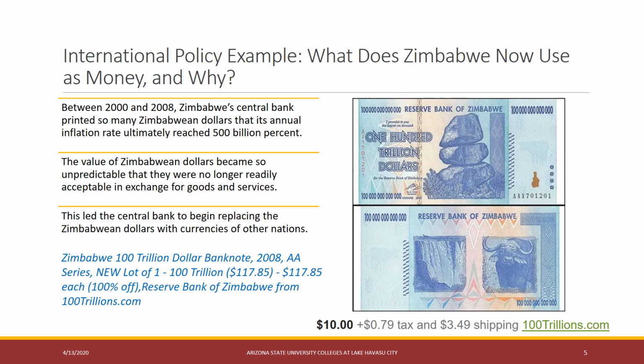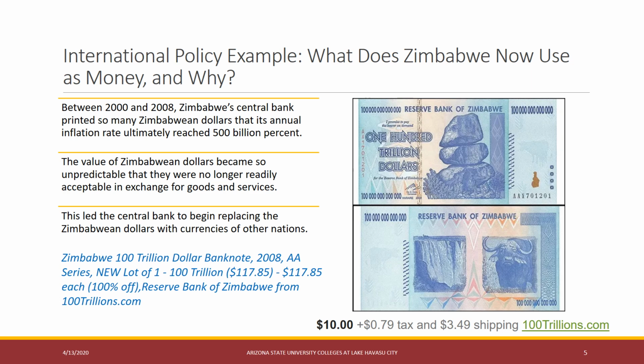Have a look at the international policy example. What does Zimbabwe now use as money and why? Between 2000 and 2008, Zimbabwe's central bank printed so many Zimbabwean dollars that its annual inflation rate ultimately reached 500 billion percent.